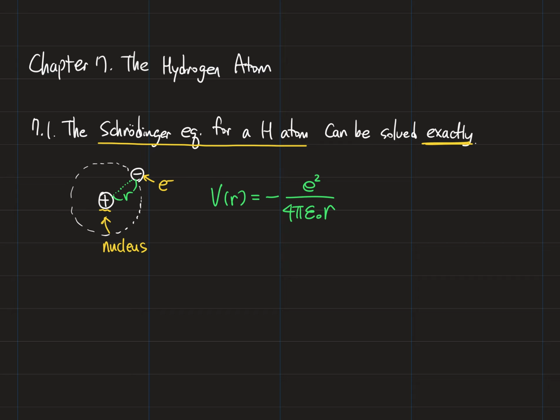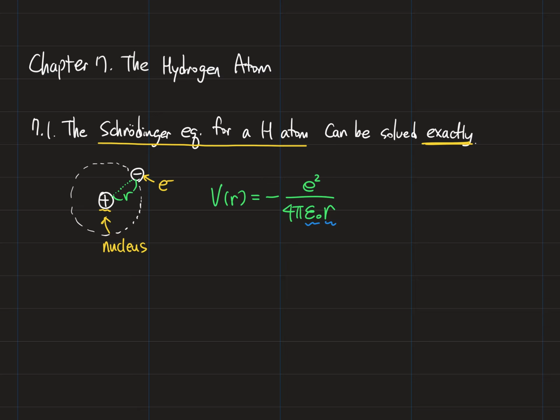Here e is the unit charge of the proton or electron, and epsilon 0 is the permittivity of free space or vacuum. And yes, as I mentioned, r is the distance between the electron and the proton.